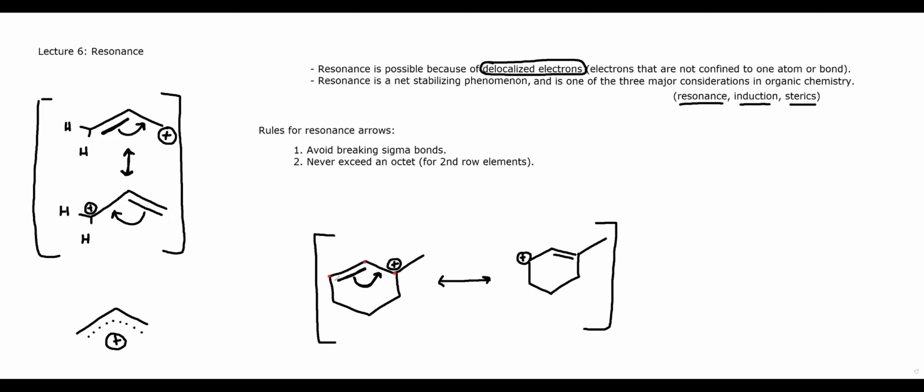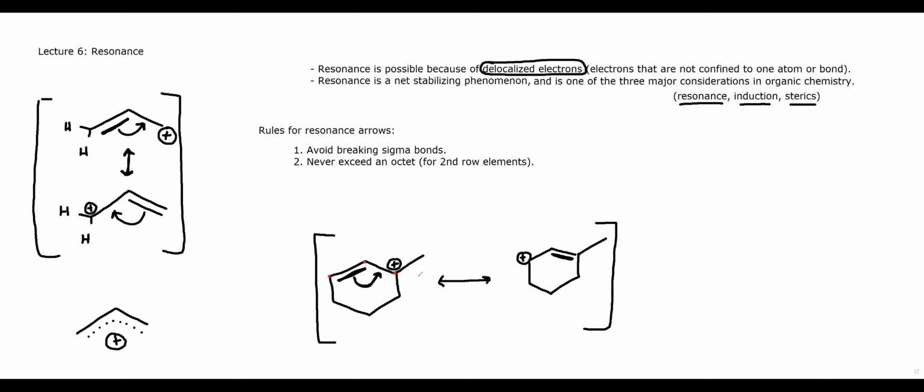Those 2 electrons could be in this position, like on the left, or they could be over here on the right. That's why we consider the resonance structures, because those electrons are moving. Those electrons can be in multiple locations. So we can only draw one structure at a time, but in actuality, these 2 electrons are shared between all 3 of these carbons.